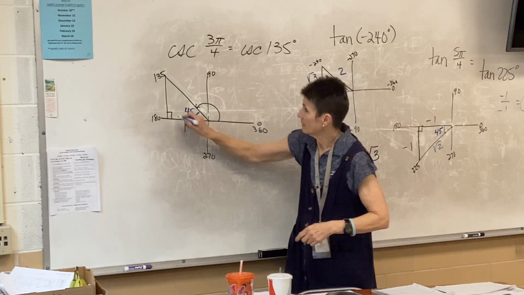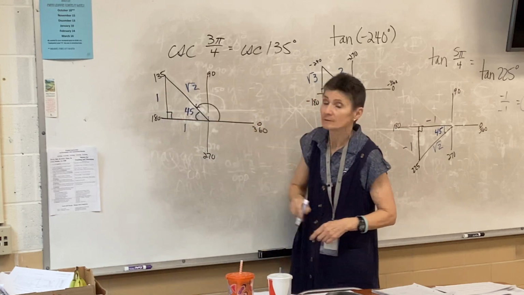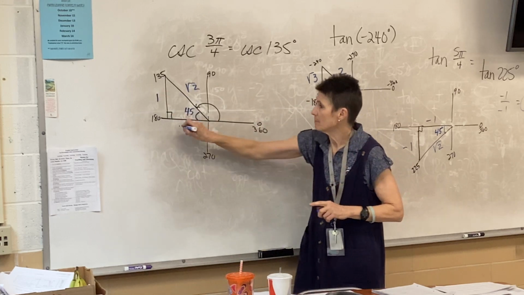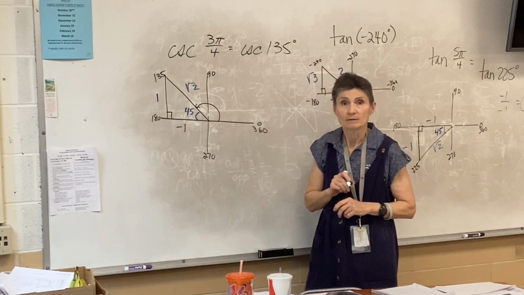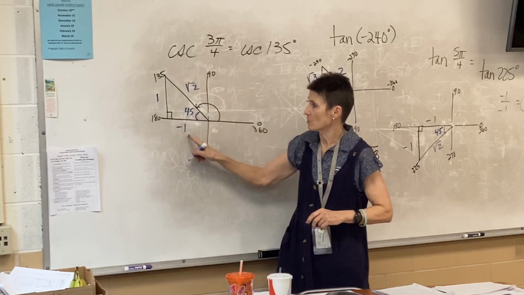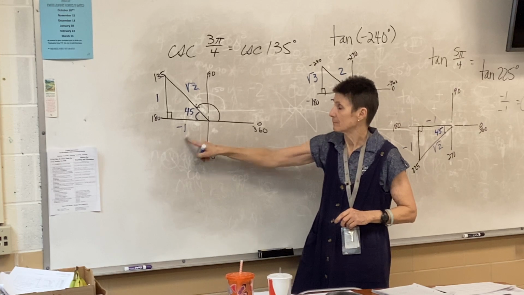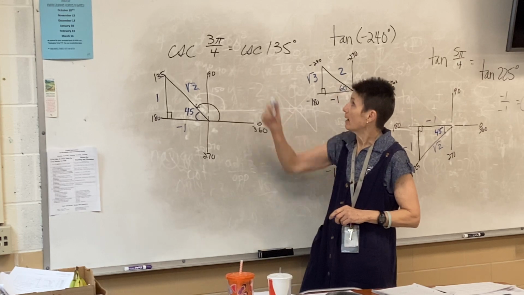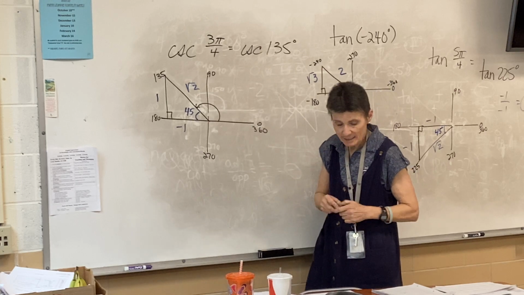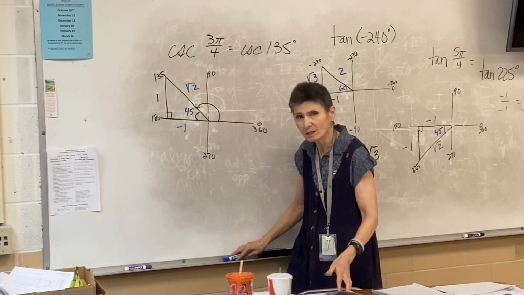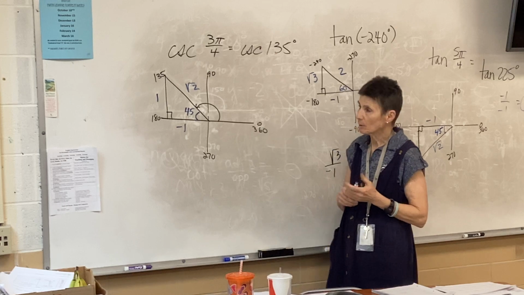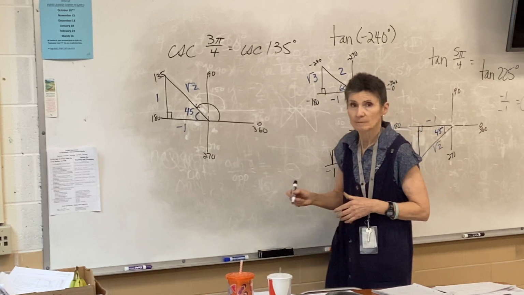So we have our 1, 1, root 2 triangle. And this time, the only negative is right there. We went left and up, so that one's negative. Now, we want cosecant. Cosecant is the reciprocal of the sine.